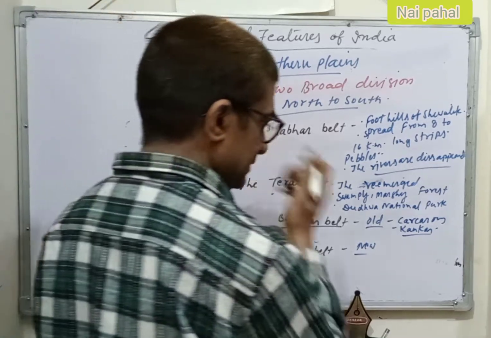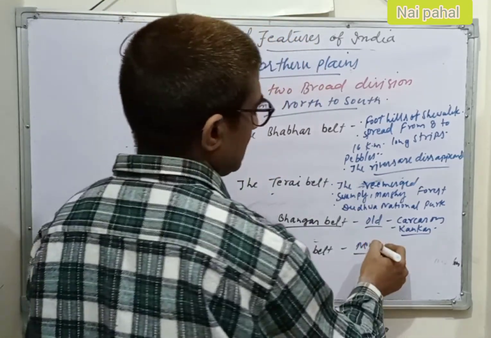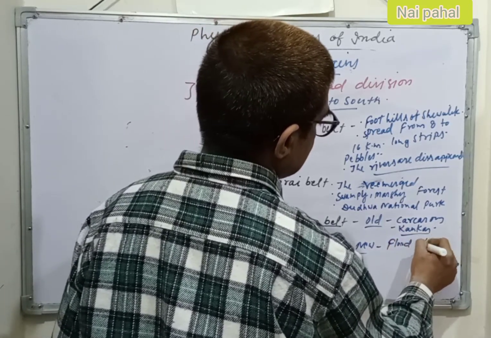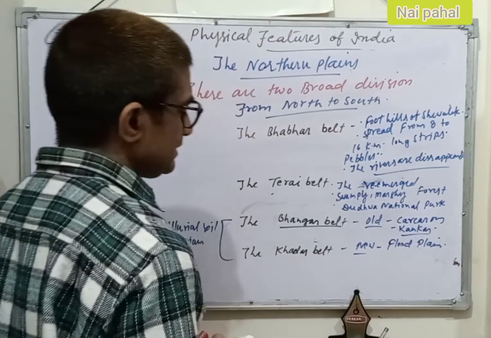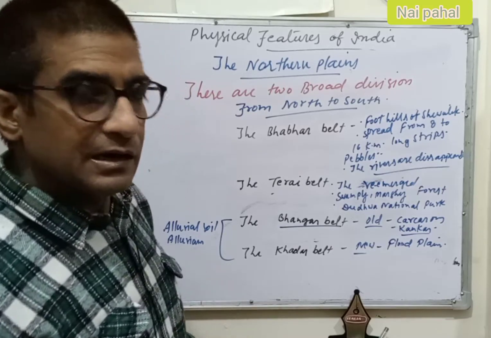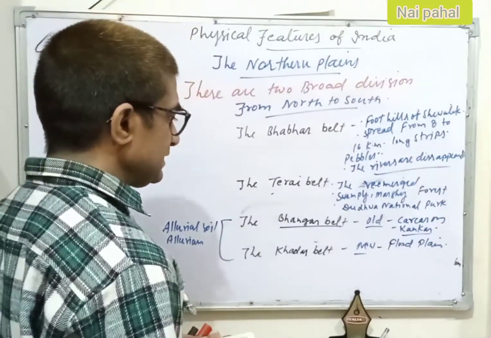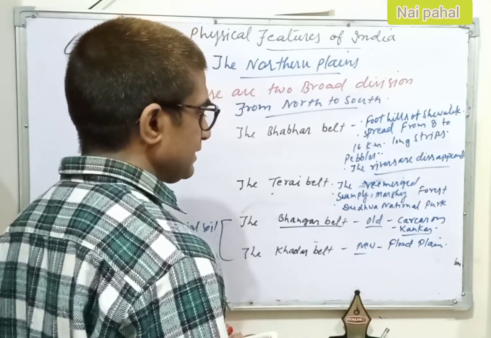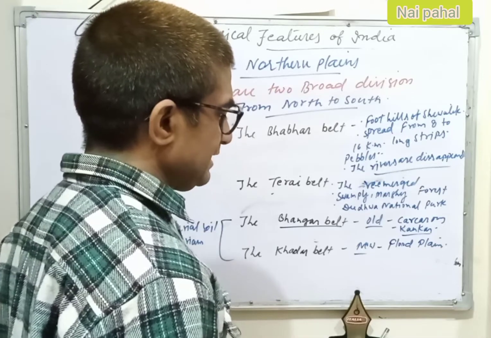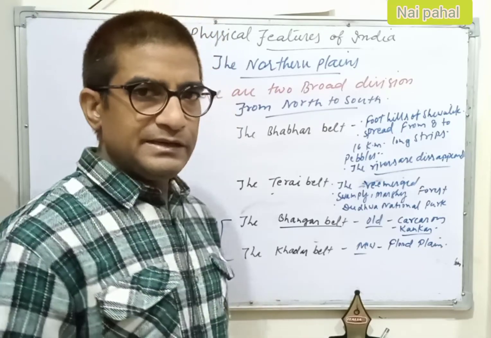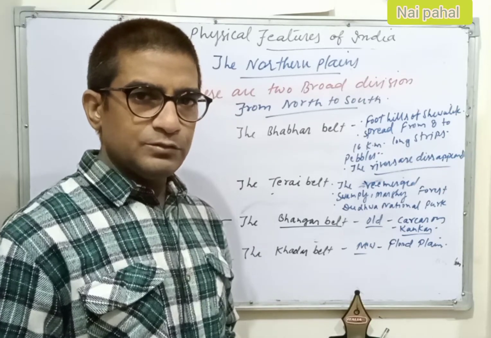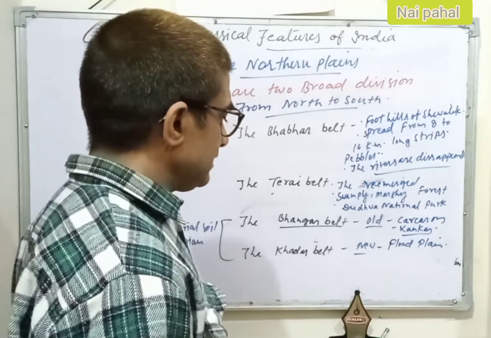But the Khadar belt is known as new alluvial soil, formed by flood plains. The rivers which flow in this region carry floods, and these floods are responsible for spreading the alluvial soil over the whole region.